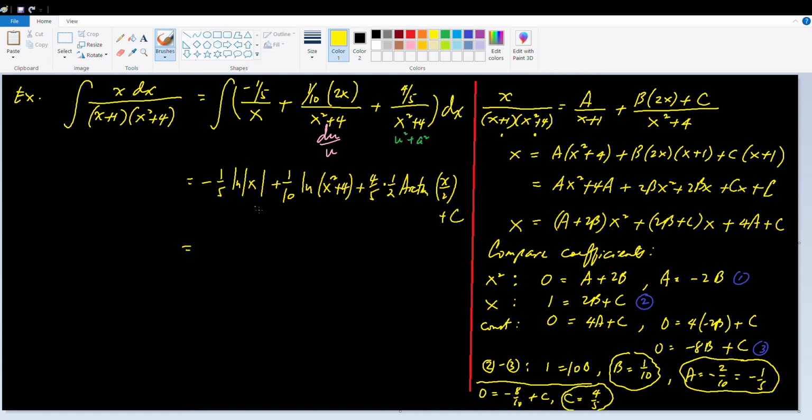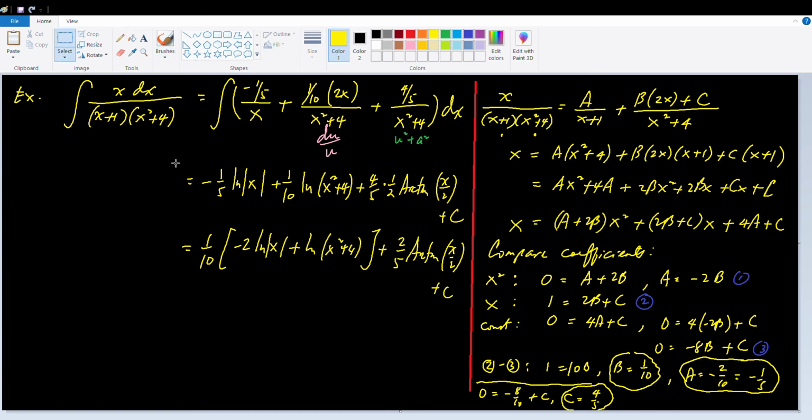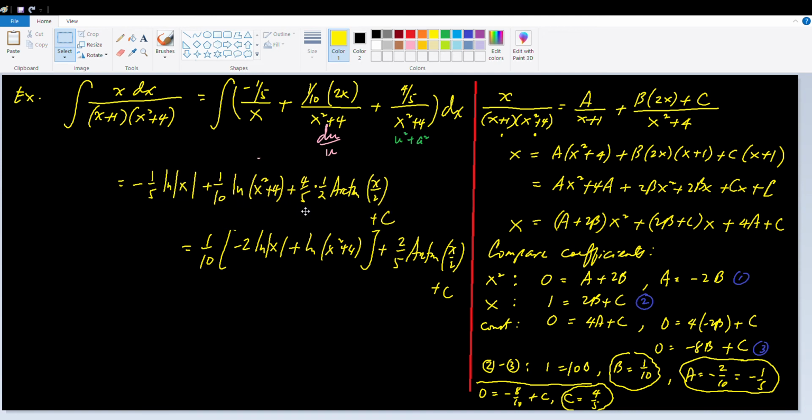Alright, so let us combine the first two terms involving ln. I can factor 1 over 10. So that becomes negative 2 ln of x plus ln of x squared plus 4. Okay, plus 4 over 10 is 2 pi, arctangent of x over 2 plus c. So let me move this a little to the left.